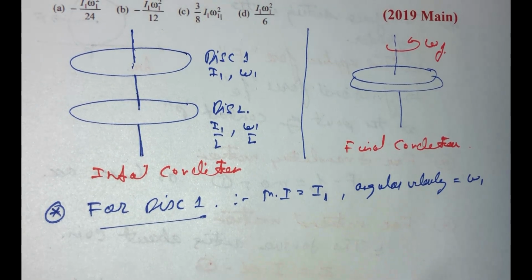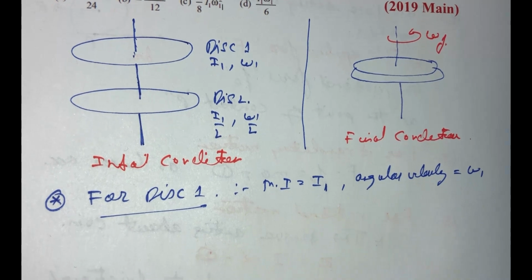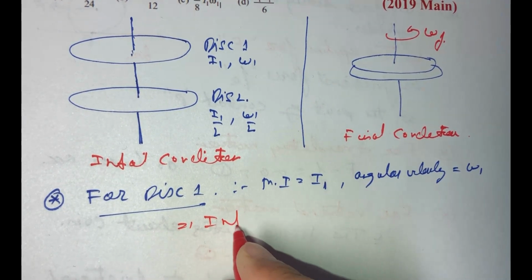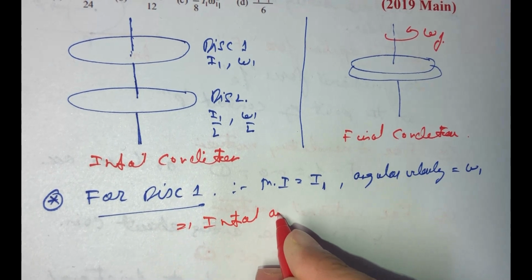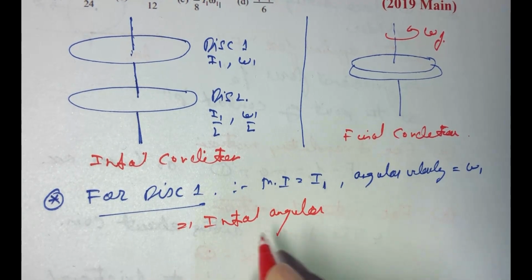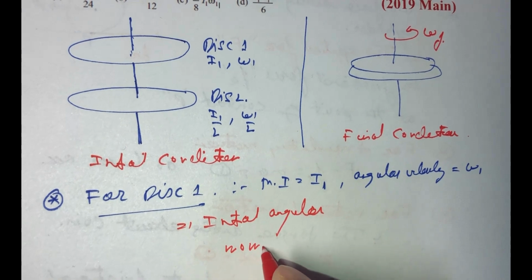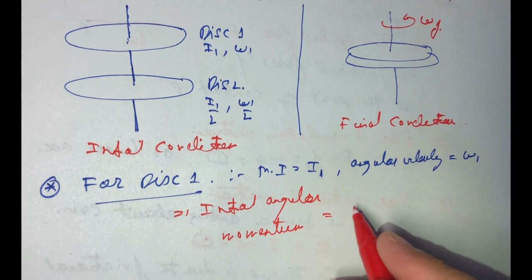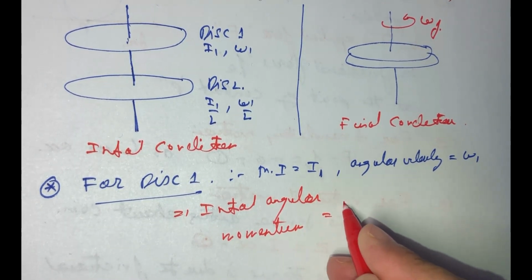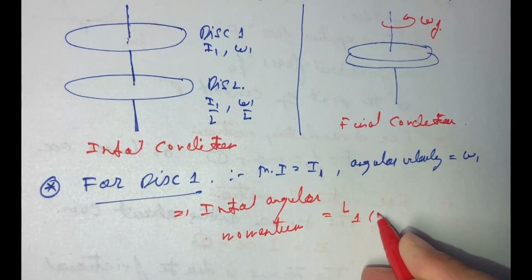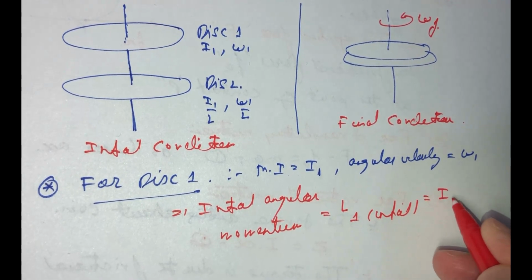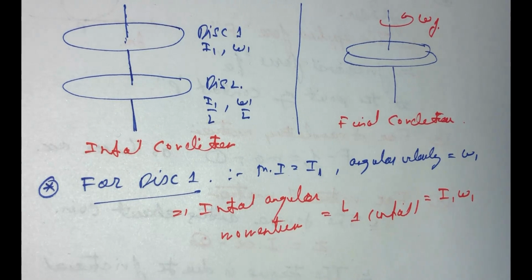Therefore its initial angular momentum, let us call it L1 initial, will be equal to I1 omega 1.